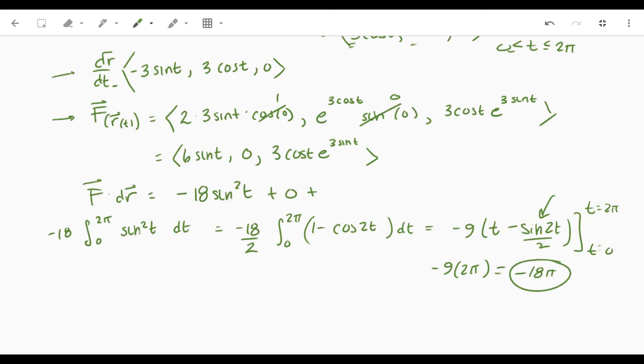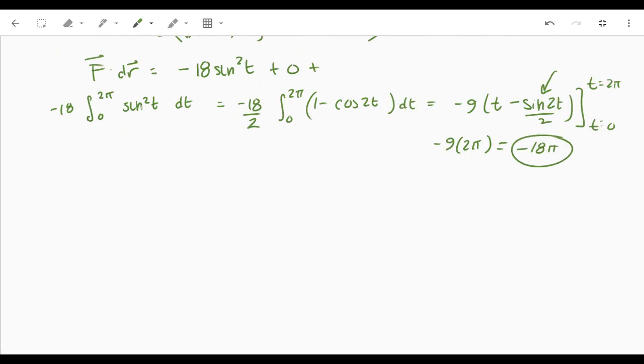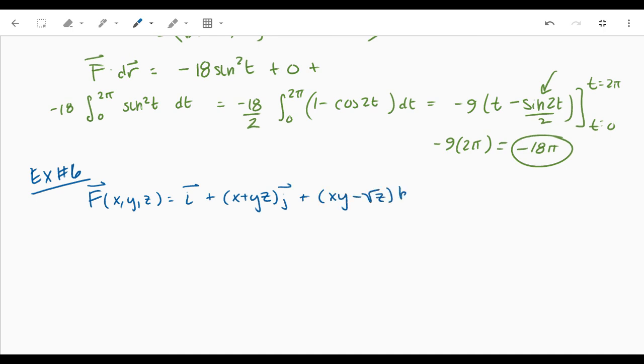Okay, now we're going to do the opposite. This is exercise number 6 in your book. And we have the vector field, and then C is the boundary.